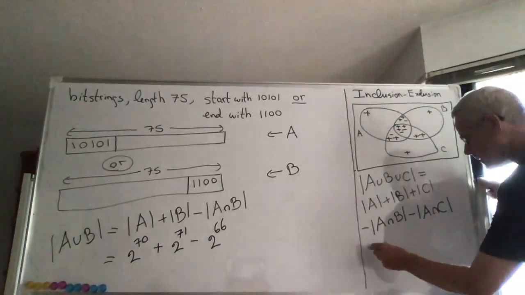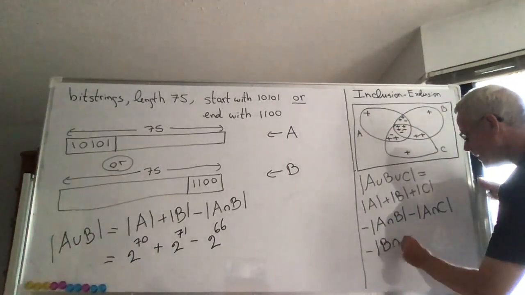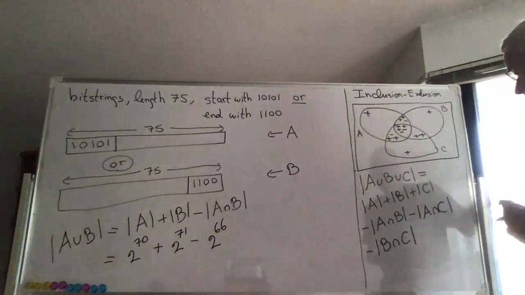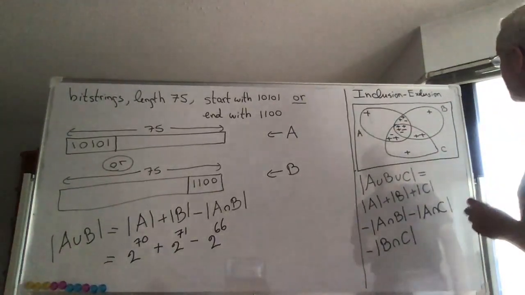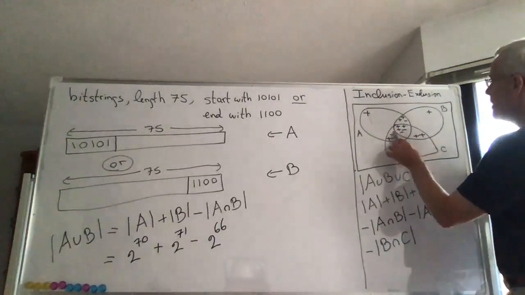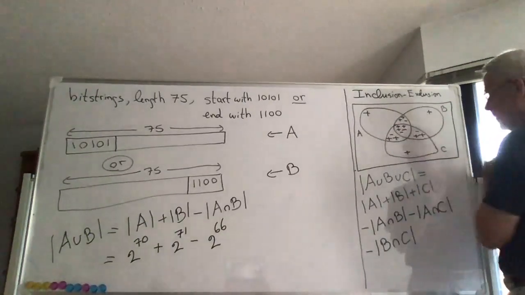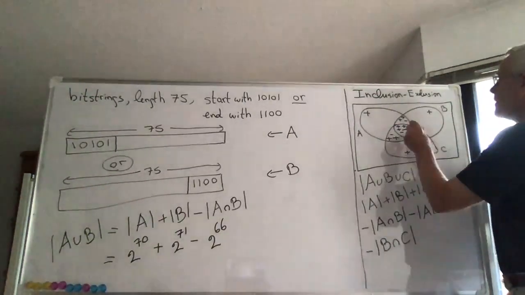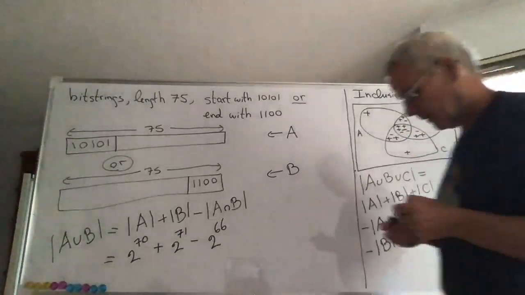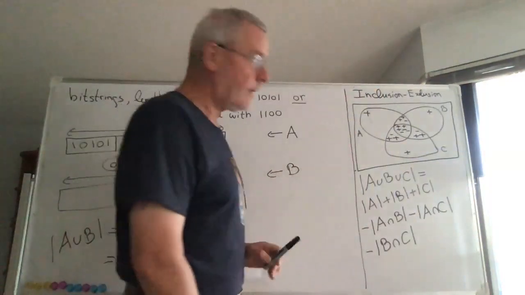Okay, and let's also subtract the intersection of B and C. And if we go back to the Venn diagram, B intersected C, that means they are here. So that means element here, we have subtracted, and elements here we have subtracted. Okay, so we are not done yet.